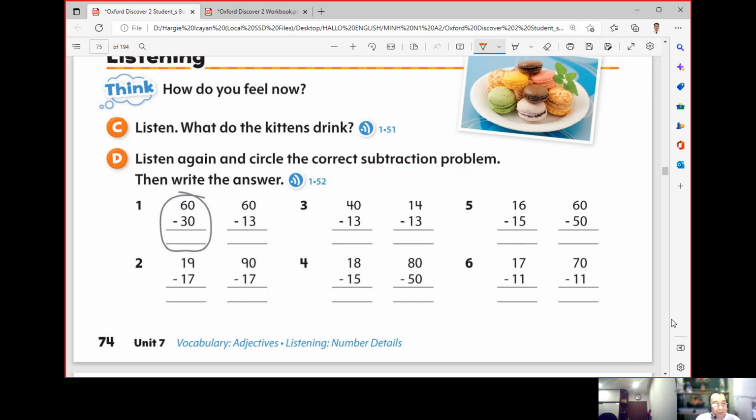1, There were 60 hungry people. 30 ate pasta and salad. How many hungry people are there now? 2, There were 90 dirty buses. A man washed 17.